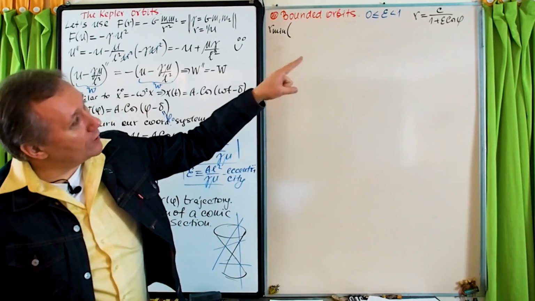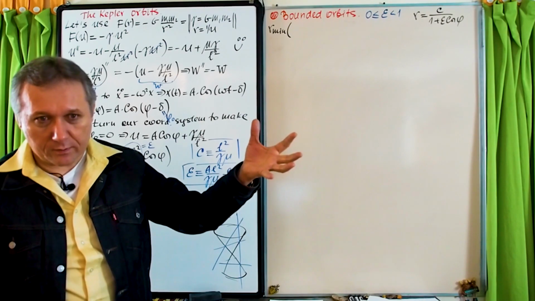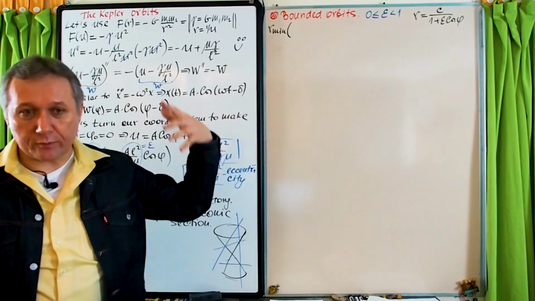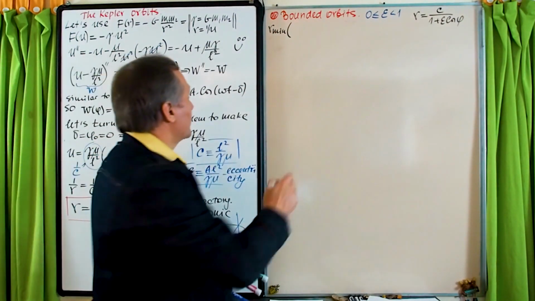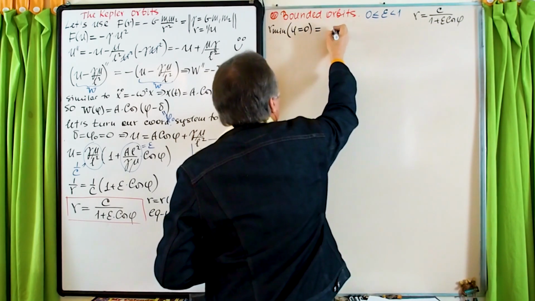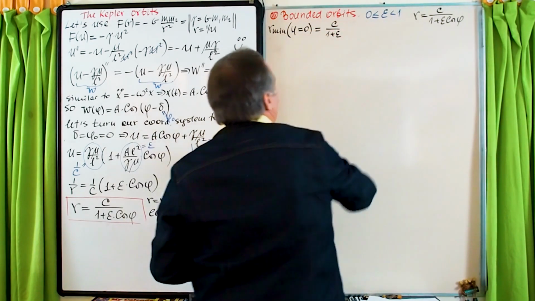The denominator is maximum when phi equals 0, in which case cosine is 1, and of course r will be minimum. So when phi equals 0, r equals C over 1 plus epsilon. So we have a minimum value.